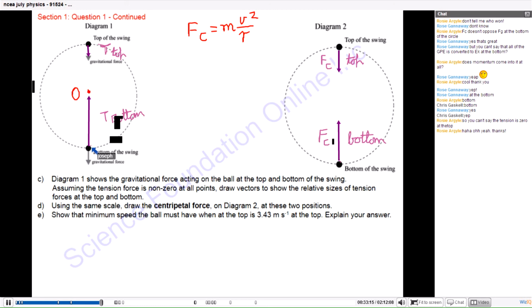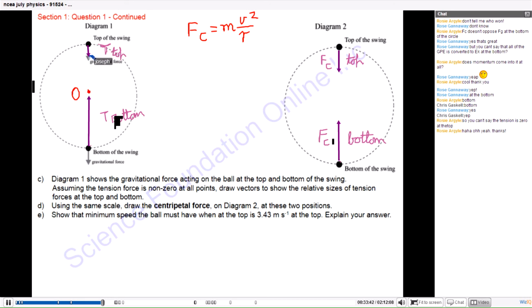It's something different is not going to happen down the bottom of the swing, but as you keep slowing it down, what happens? There will come a point when it won't go along that circular path anymore. It will collapse downwards. Right. Why is that? Because if the tension force drops down to zero, what happens?